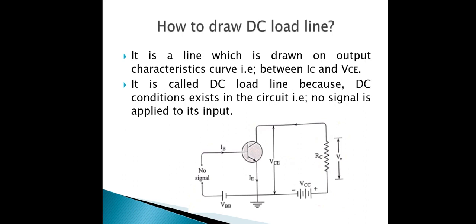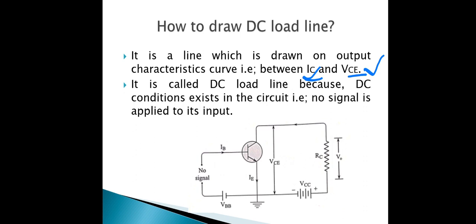It is a line drawn on the output characteristics curve. In general, when we draw the output characteristics of any transistor, we take VCE, the collector emitter voltage, in volts on the x-axis, and IC, which will be either in milliamperes or microamperes, on the y-axis.